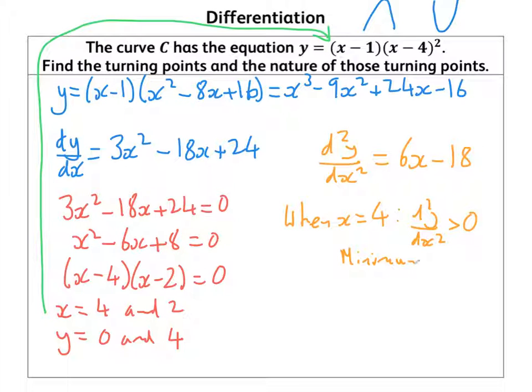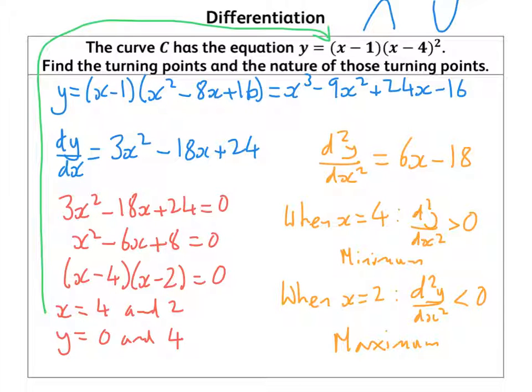Remember, when d2y/dx squared is greater than 0 at that x point, then you get a minimum, and therefore you can probably guess, but you never know, when x equals 2, d2y/dx squared is less than 0, so therefore you've got a maximum.